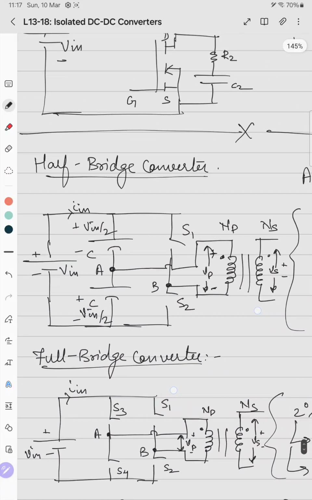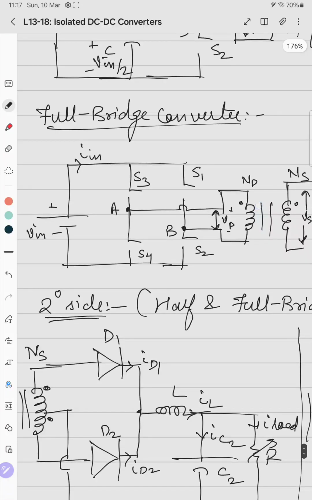So in the full bridge configuration, VP, when S2 and S3 are on simultaneously, becomes V in. When S1 and S4 are on simultaneously, it becomes minus V in, and it becomes 0 when either S1 S3 are on simultaneously or S2 S4 are on simultaneously.